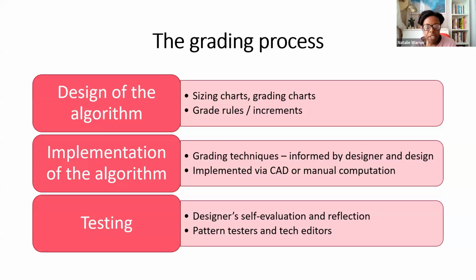And having established those, you can then implement that algorithm. And that involves deploying grading techniques. And there are lots of these. They are informed by you as the designer and the character of the design itself. And also you can implement them through CAD or manual computation.